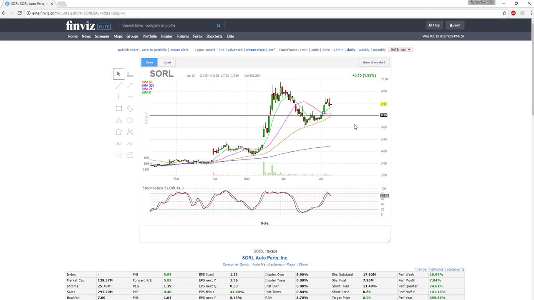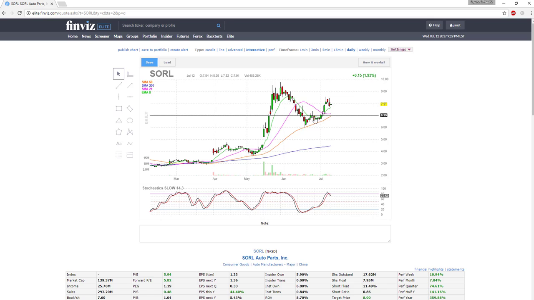The primary or the best possible situation is being oversold at or near a moving average within a trend, and you get tons of buy volume coming in. It's an extremely high probability trade, and you can see that right here with Sorel.